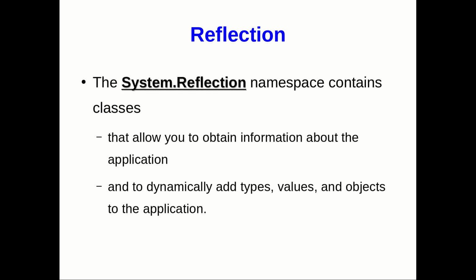In continuation to the demo program, we can see the System.Reflection namespace contains the classes. We have seen ConstructorInfo, MemberInfo, ParameterInfo, all these classes are available in the reflection namespace. This will allow you to obtain the information about the application and to dynamically add types, values and objects to the application.